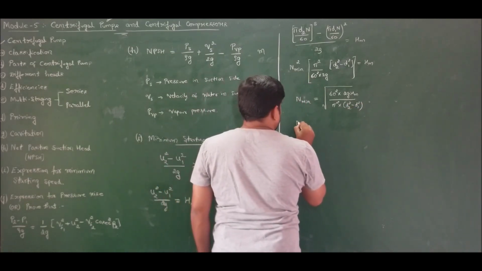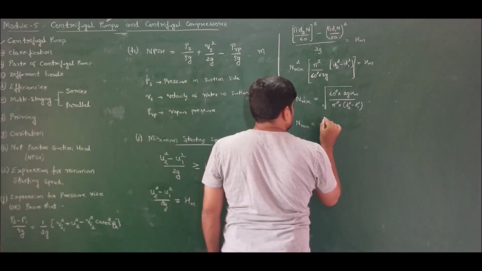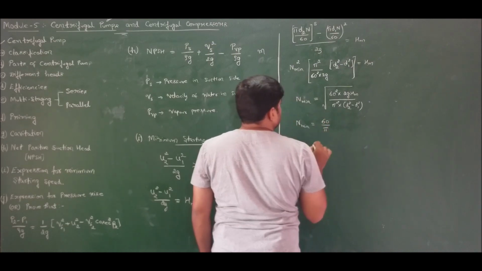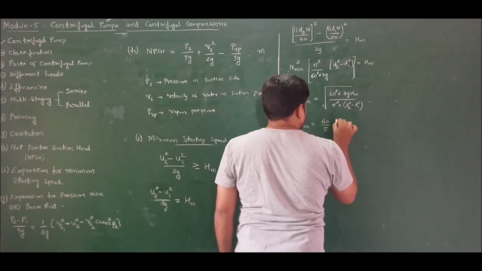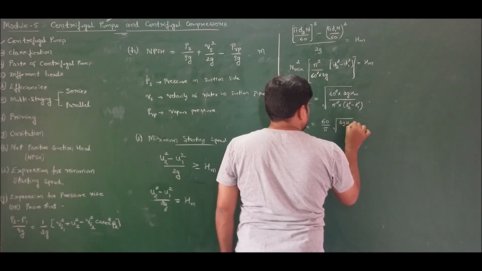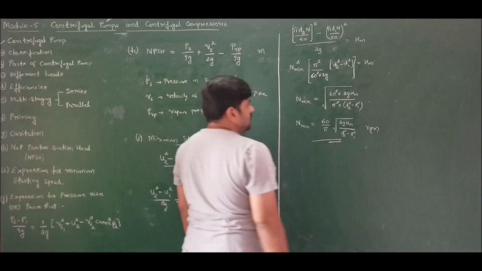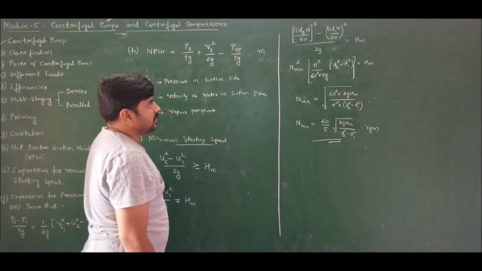So therefore, minimum starting speed will be 60 by pi into root of 2g Hm by d2 square minus d1 square RPM. So this is the expression for minimum starting speed.